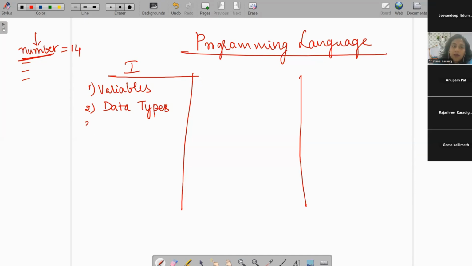Okay, data types. Then the third one is operators. All the mathematical symbols, plus, minus, equal to, comparator operators, greater than, equal to, all these are operators. Then the next one is looping statements, loops. Which are the loops that we know in general in any programming language?